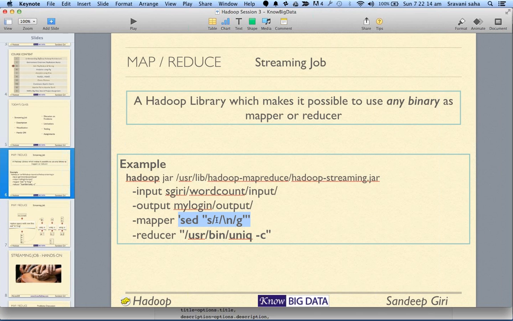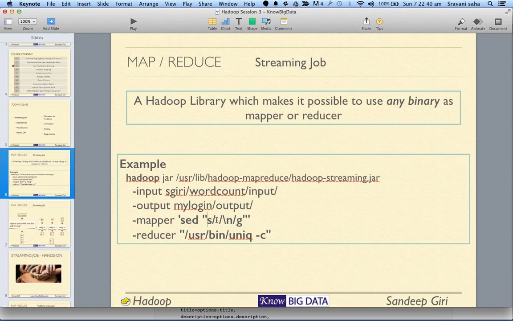Whatever input you give it, it will replace one string with another. The syntax is: SED is the command name, and the argument is s, slash, the word you want to replace, slash, what you want to replace it with, separated by slashes.